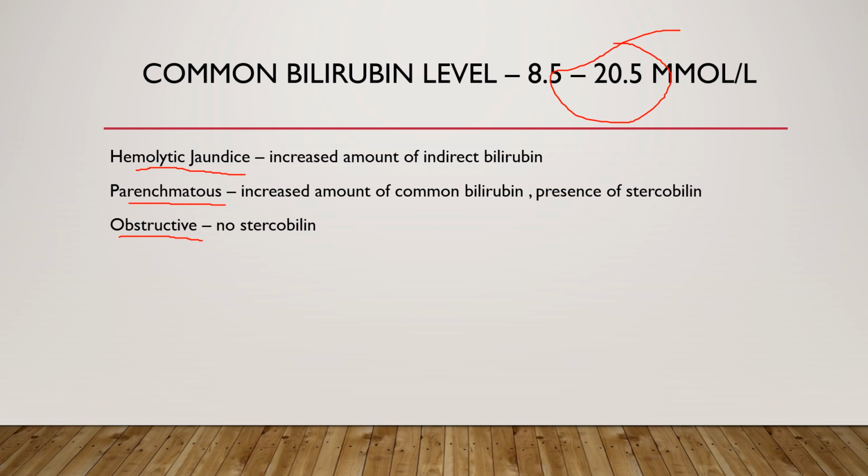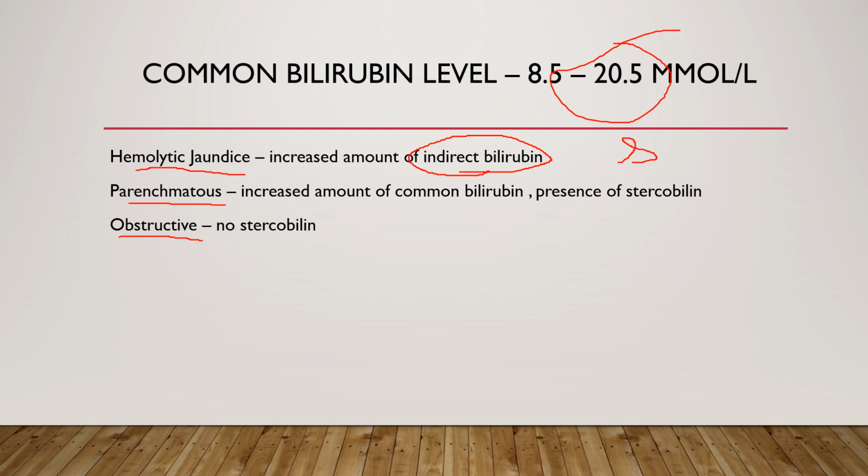If on the analysis we see an increased amount of indirect bilirubin and presence of stercobilin in feces, then we can say it is hemolytic jaundice, meaning there is no obstruction at all.